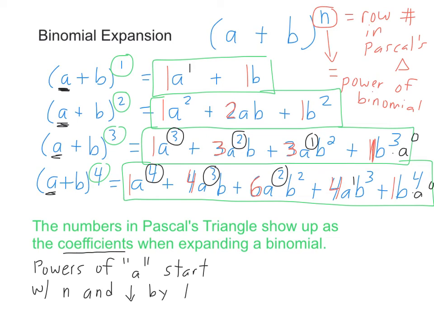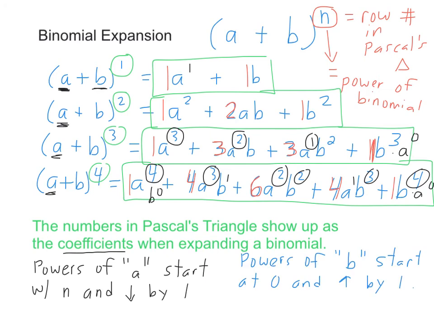Likewise, if we focus on our b powers, notice how these technically start with b to the 0, and then go up by 1. This is the opposite pattern. So let's jot that down in writing. The powers of b start at 0 and increase by 1. That is a pattern that we see throughout.